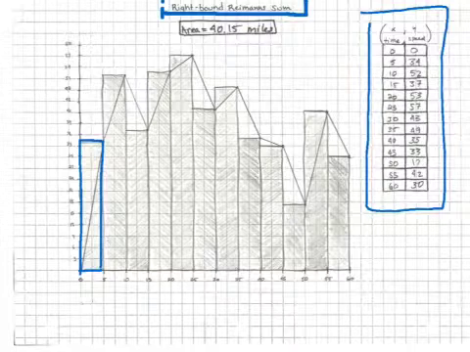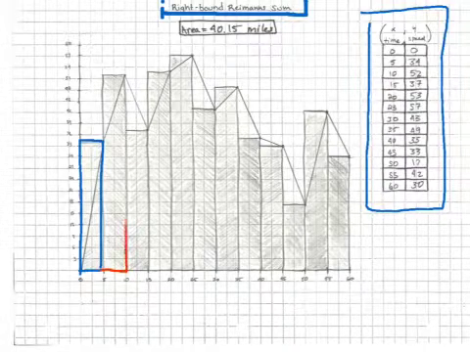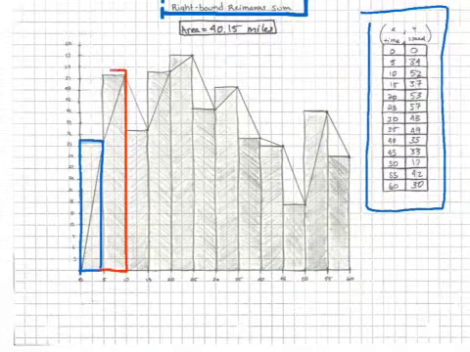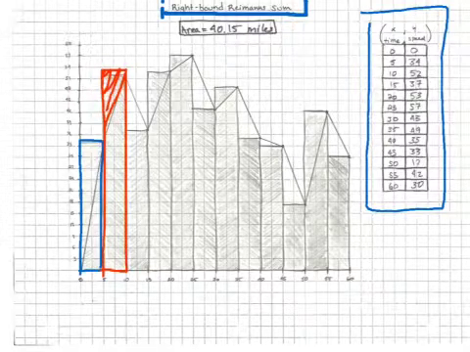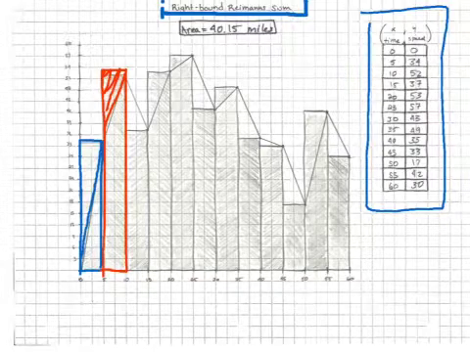Same thing for the next interval. From 5 to 10, I start at 10, go up until I meet the graph at 52, go across, and down. Again, everything above this line is error.